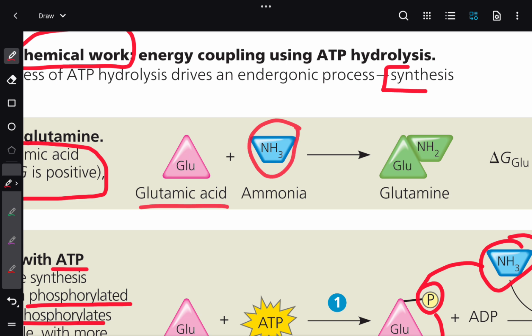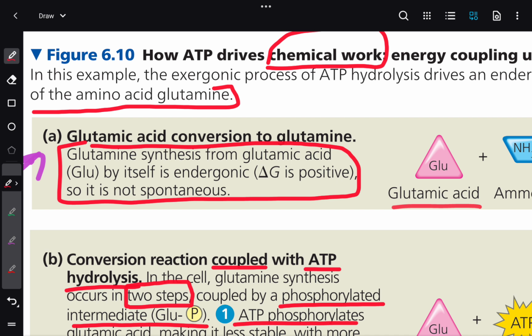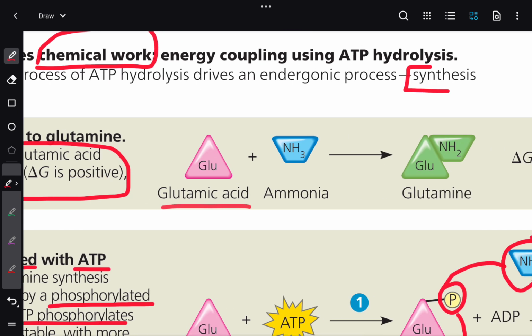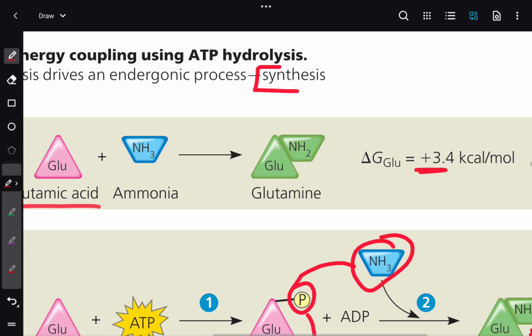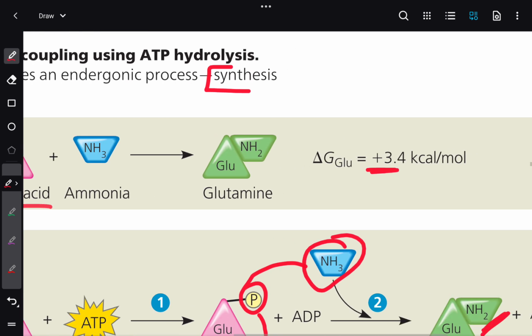Like for ammonia to be connected with glutamic acid, it needs energy. That's why the free energy is positive. We explained free energy before, but it was more theoretical, and this is the practical, empirical aspect. So this reaction on its own is endergonic.